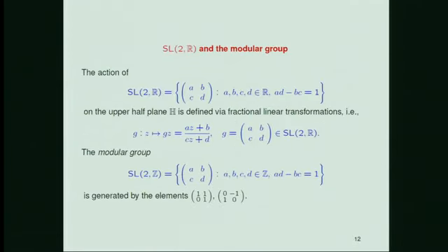So I will now define some basic hyperbolic geometry and the group actions on the upper half plane. You may know SL2R. This is the set of matrices (a b; c d), with all entries from R, and with determinant ad minus bc equal to 1. The action of SL2R on the upper half plane is defined by the formula g z equals (a z plus b) divided by (c z plus d), where g is an element of SL2R.